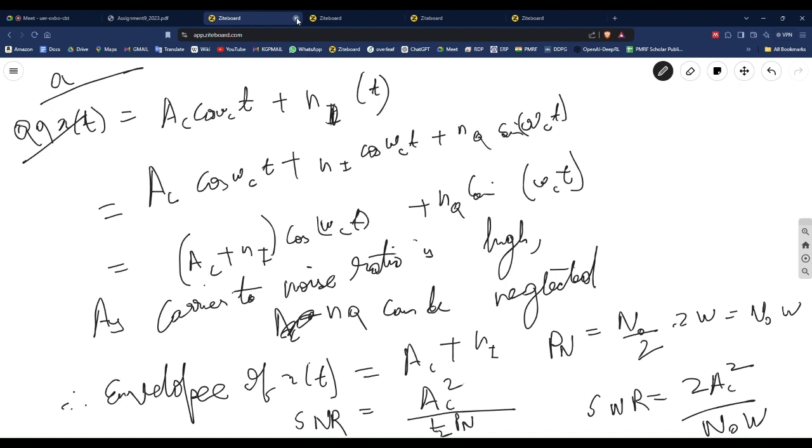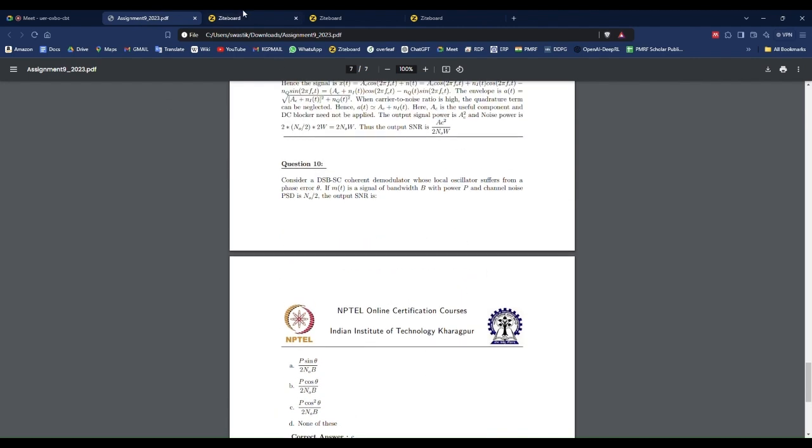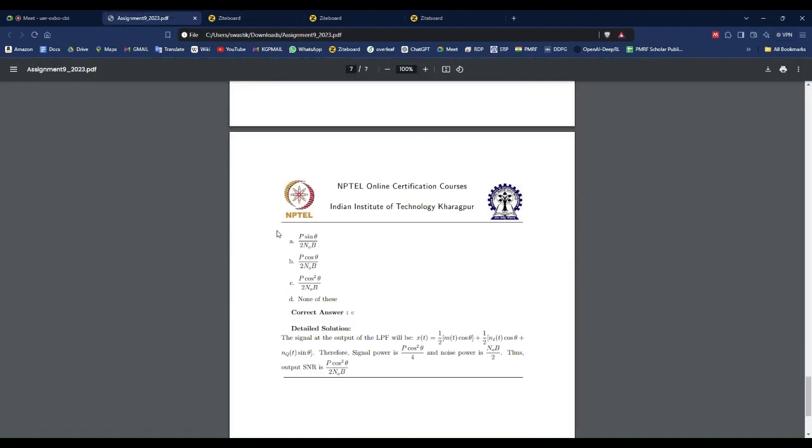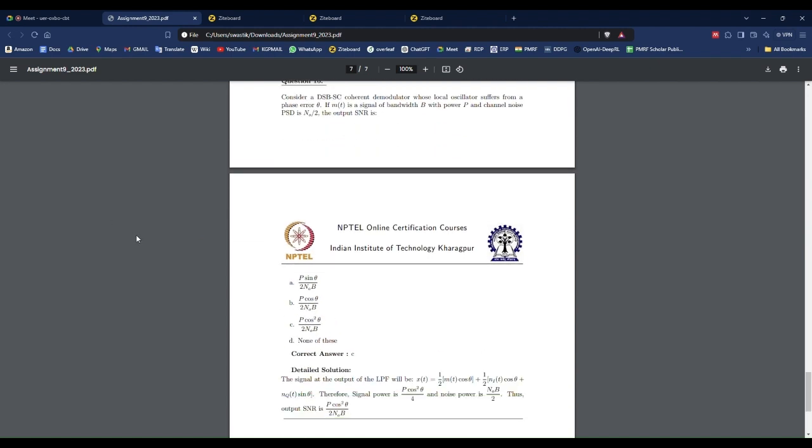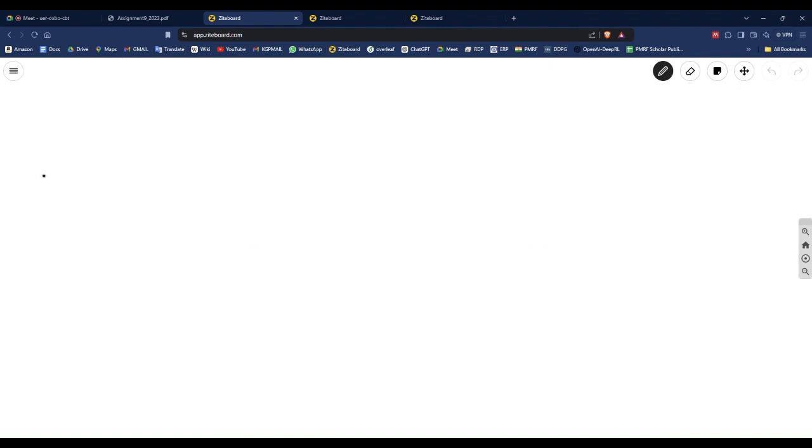So we have to find the output of a phase lagged demodulator for the DSBSC. Question 10.